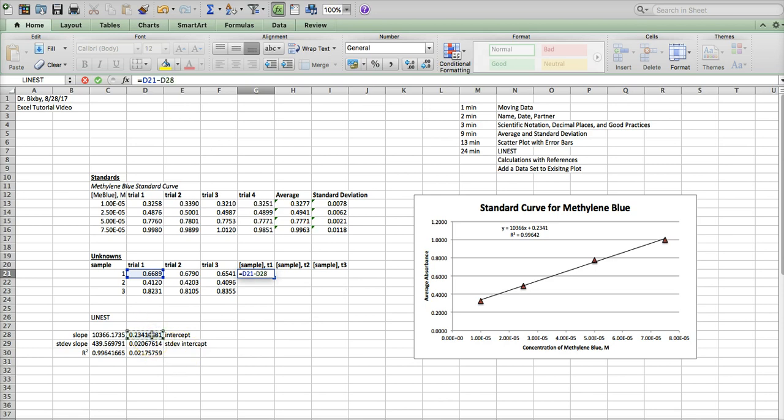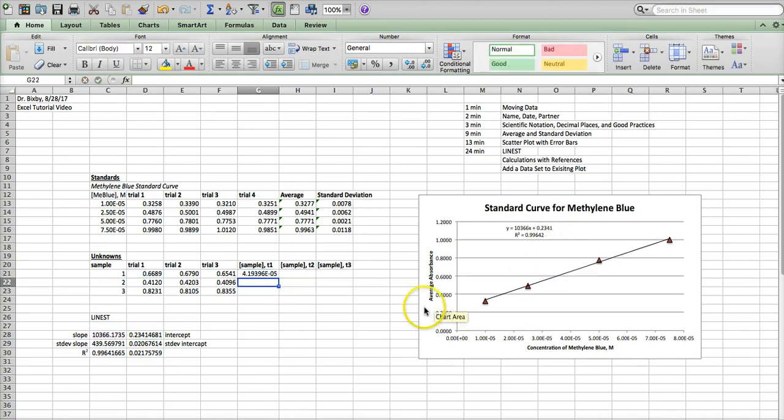And then that whole quantity, which now I'm going to put in parentheses, because it's that whole quantity, divided by the slope. So hopefully that calculation makes sense to you. I'm just rearranging the y equals mx plus b equation to solve for x, so you can prove that to yourself. Now it gives me an answer.